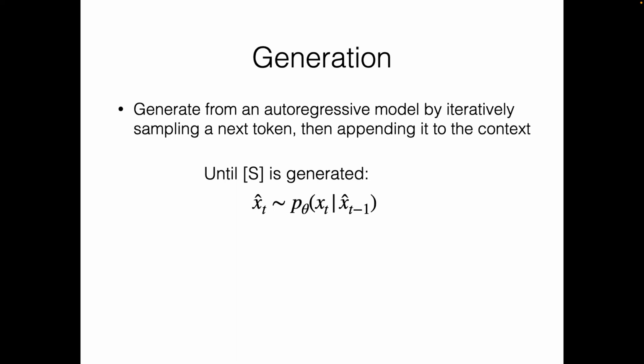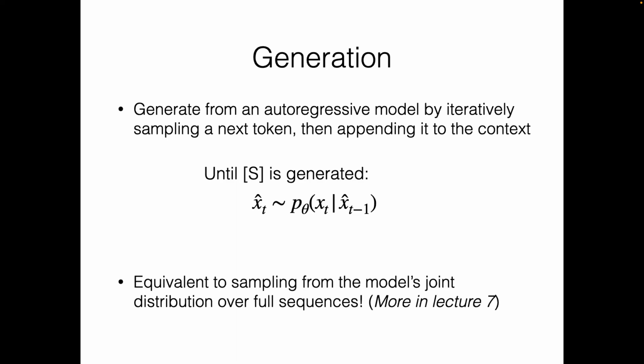With these autoregressive models, it's really nice because it turns out you can do what's shown on the slide here. The idea is you can sample one token at a time and put it into the context, then sample the next token, put it into the context, sample the next token, and so on. This ends up being equivalent to sampling from the distribution over full sequences.